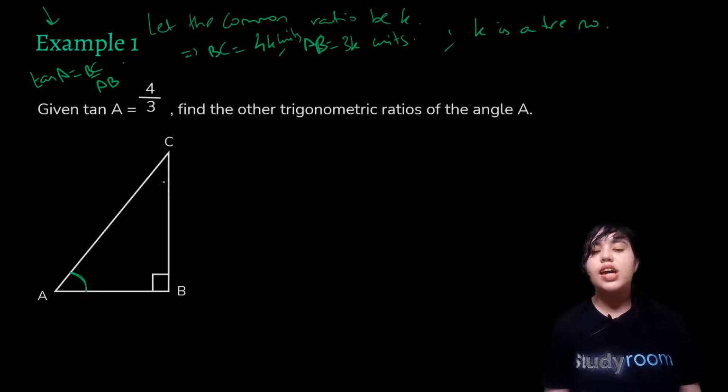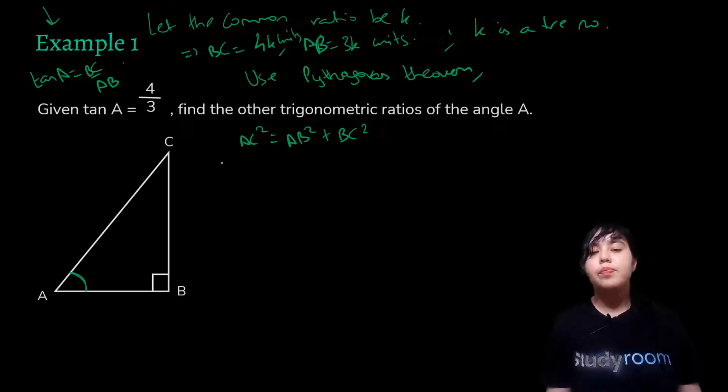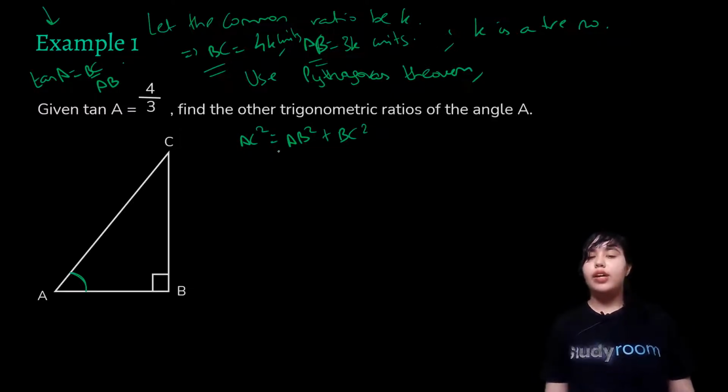Now, if this is a right angle triangle, then I can make use of Pythagoras theorem. What was Pythagoras theorem? That hypotenuse square, that is AC square, is equal to perpendicular square plus base square, that is AB square plus BC square. Now I have the value of BC and AB. Can I find out the value of AC from here?